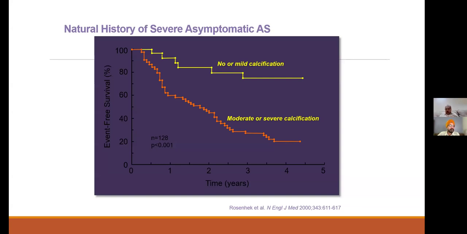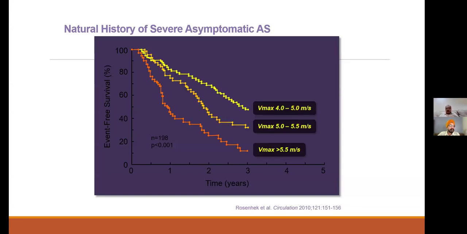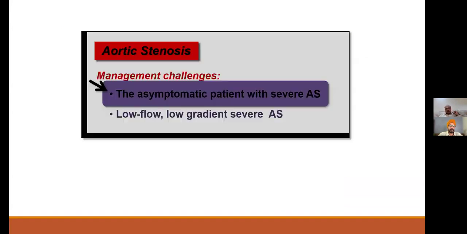With no or mild calcification, survival was better. Not only that, they further classified that with increasing gradients, the survival was worse. And that is the reason that with the current recommendation, if you have asymptomatic aortic stenosis and your Vmax is more than 5.5, you have all the reasons to operate, even if the patient is absolutely asymptomatic.